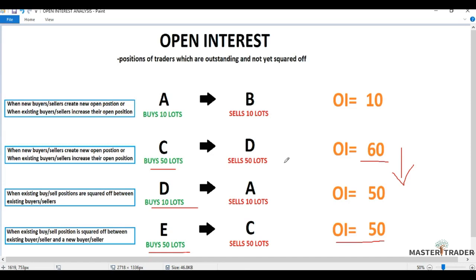So we tend to combine open interest with price and with volumes. Then we also look at the charts, where the stock is at the current moment. Putting all of these factors together will really build your case for the stock. So we'll look at this in the upcoming videos.